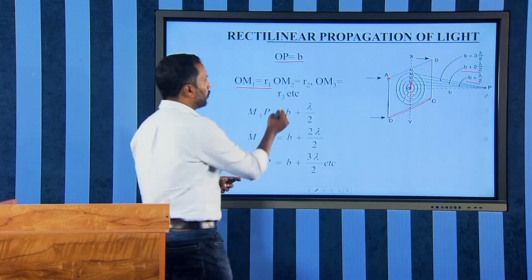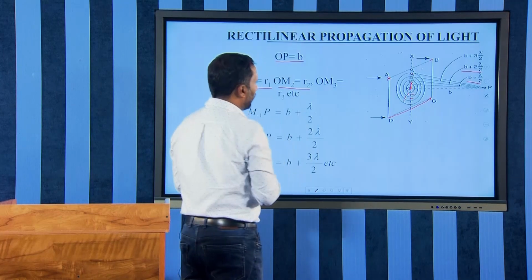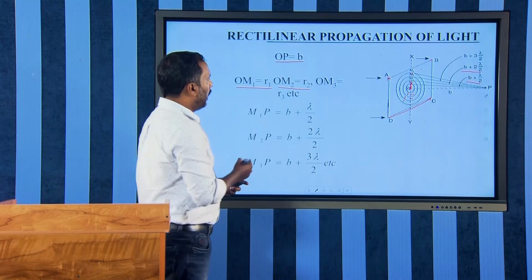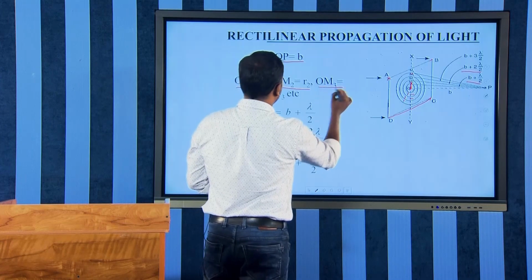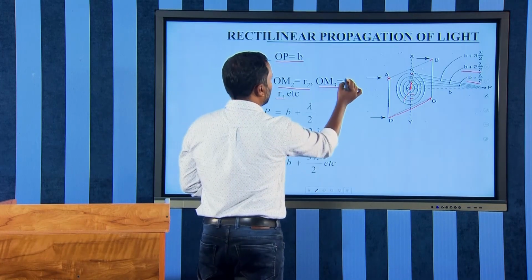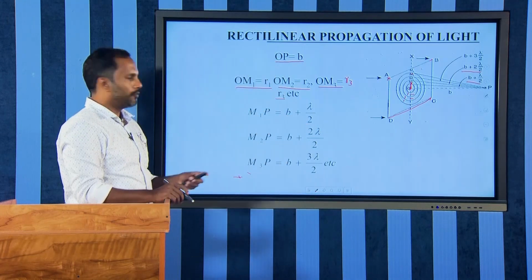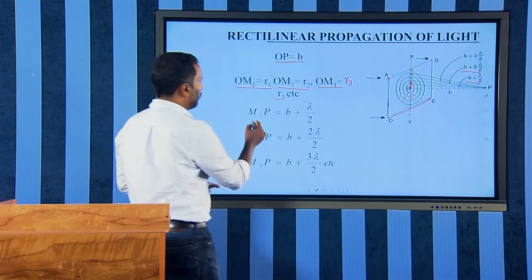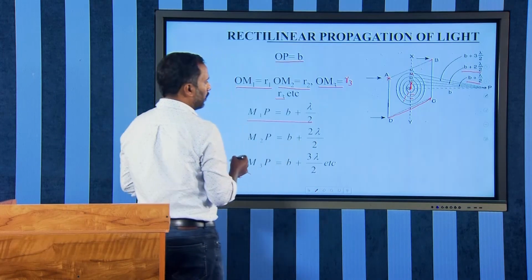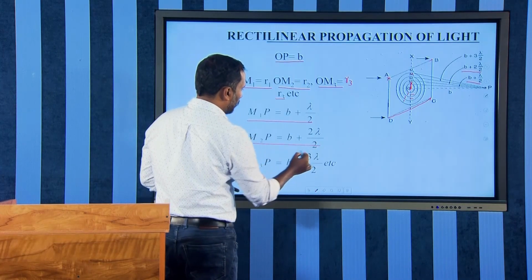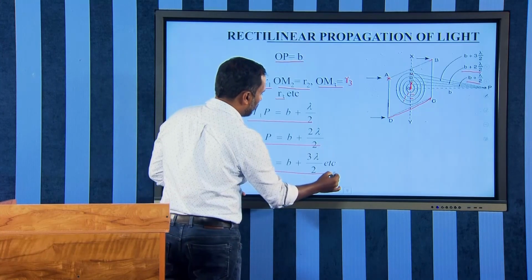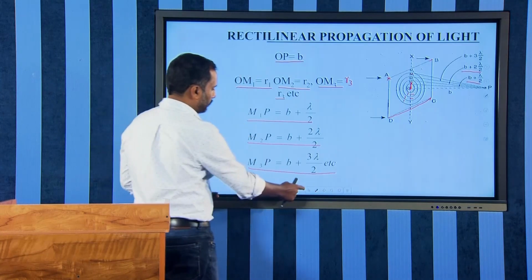Then OM2 is the radius of the second zone, taken as R2, and OM3 is the radius of the third zone, R3. So, as we have discussed, M1P is equal to B plus lambda by 2, M2P is equal to B plus 2 lambda by 2, M3P is equal to B plus 3 lambda by 2.